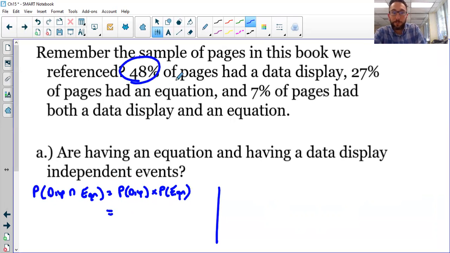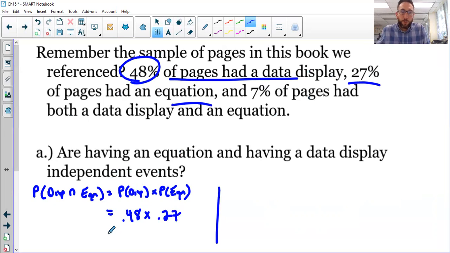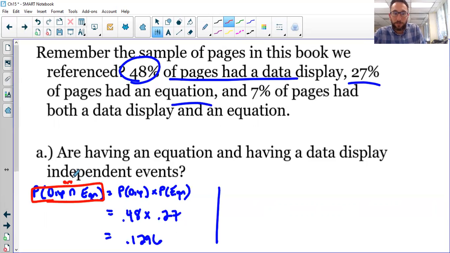The probability a page has a data display is 0.48 times the probability a page has an equation is 0.27. On the right side, 0.48 times 0.27 gives us 0.1296.